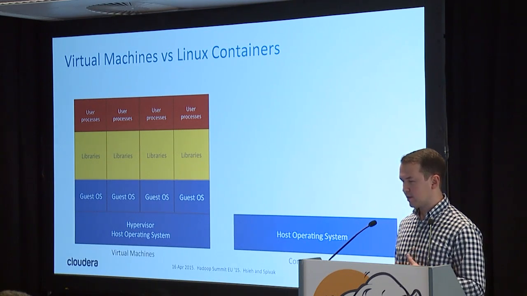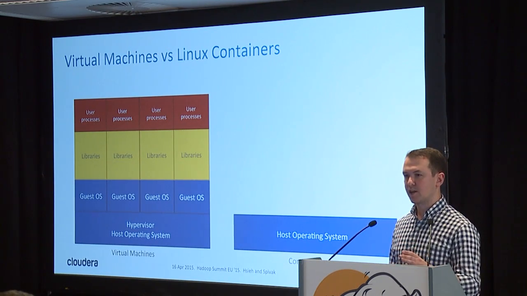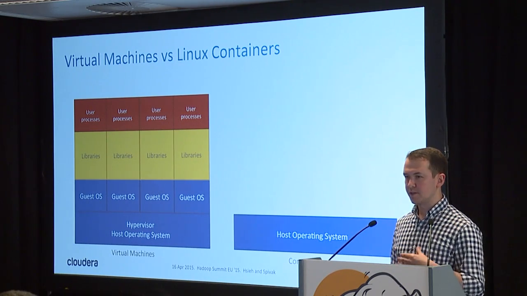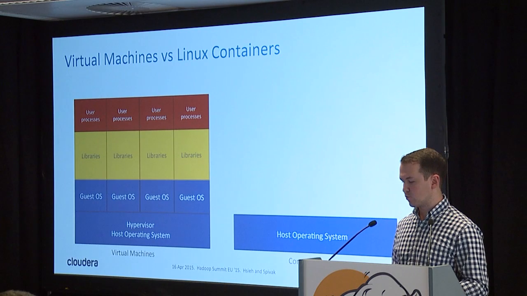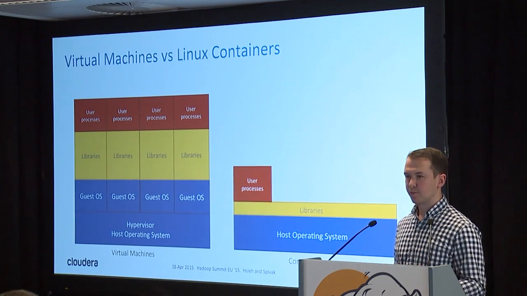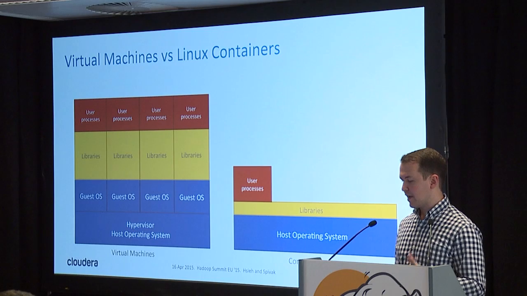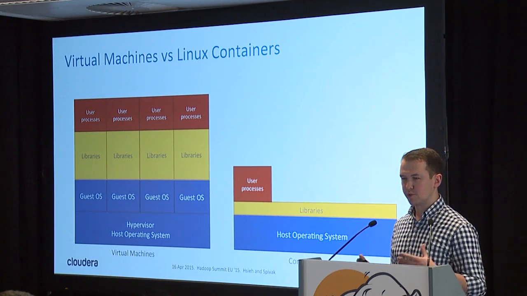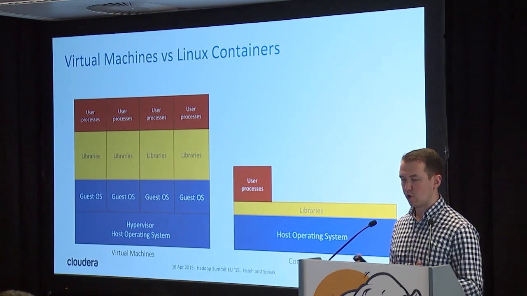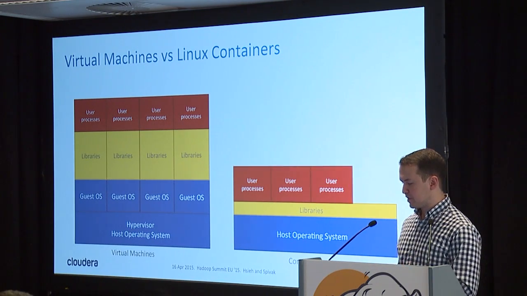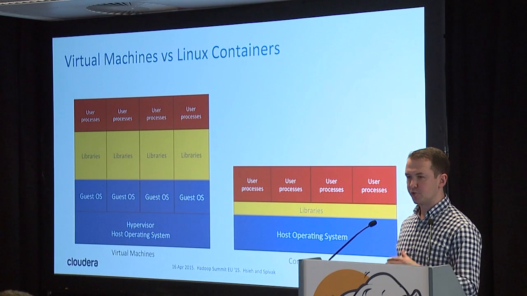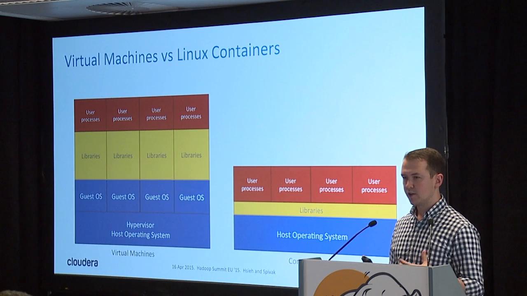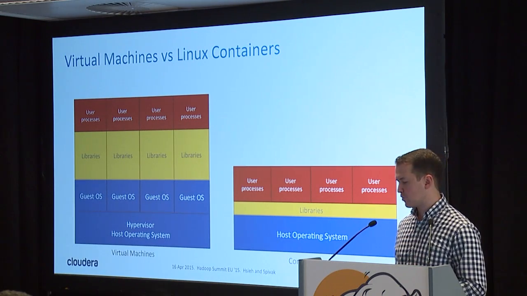So you don't have to have this conduit between a guest operating system and your host. Along with that, even the libraries could be shared across these instances of containers, if you're standing things up in a certain way. And from there, you still can have good isolation of your user processes. You still have unique process trees across your containers. But even from this silly diagram, you see that you're taking out the need for resources to run things that you might not necessarily need for your environment.